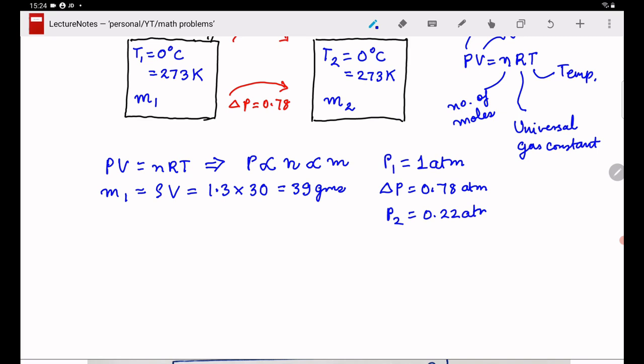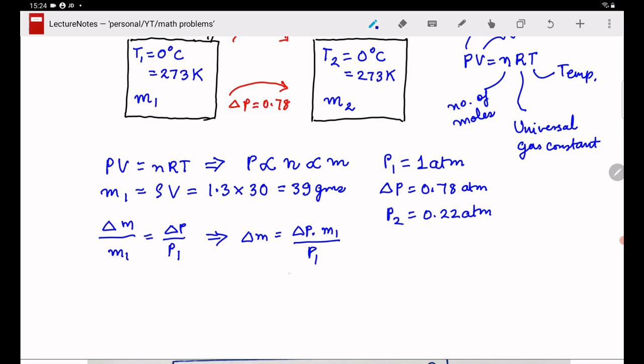Since pressure is directly proportional to mass, we can write down delta m upon m1 is equal to delta P upon P1. This will give us delta m is equal to delta P times m1 divided by P1.